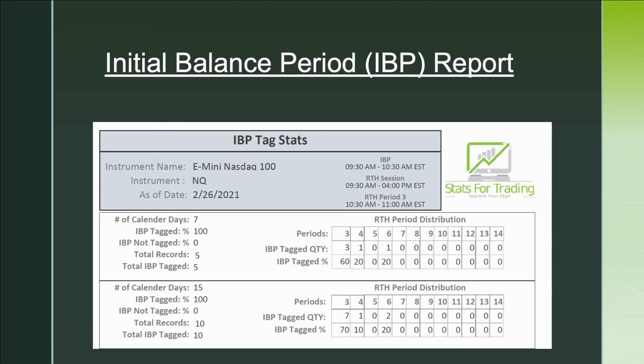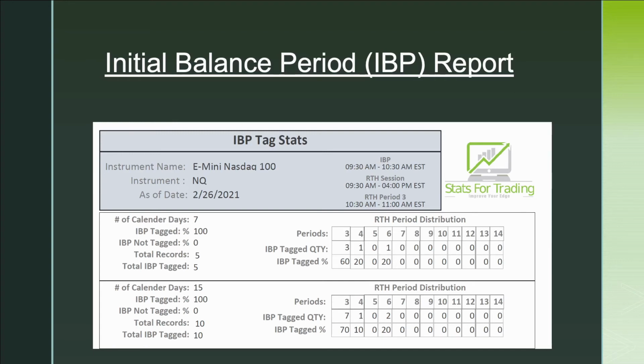So period 1 and period 2 are the actual initial balance periods. So we started at 3, and you can see in the header that RTH period 3 is 10:30 a.m. to 11 a.m. Again, we take the full RTH session, 9:30 to 4, and we divide it up into 30-minute periods. That's our probability distribution table there, the RTH period distribution.